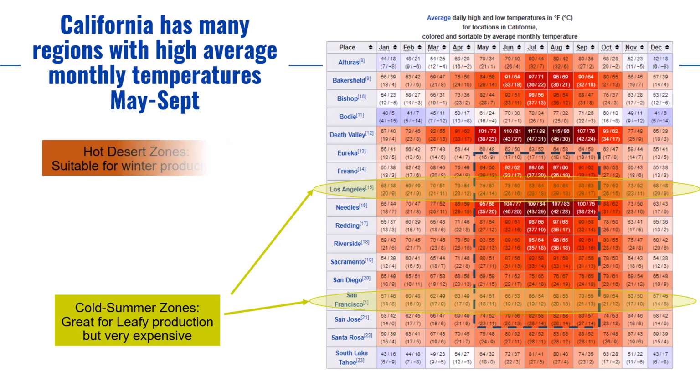Hot desert zones suitable for winter production potentially, but if you look at a town like Needles, you're getting up to 95, 104, 109 as average highs. And of course, that's not even the extreme high. You can easily get up into 115, 120 degrees here.